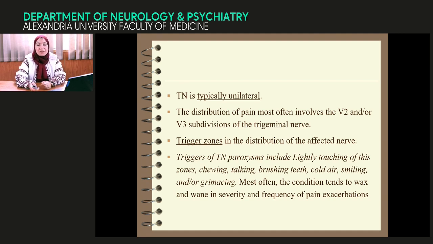Because maxillary and mandibular branches innervate the upper and lower jaw, so any dental problem or dental procedure may cause inflammation of this nerve, and a procedure in the teeth may trigger or precipitate inflammation of the trigeminal nerve. Because of that, maxillary and mandibular are the most common.